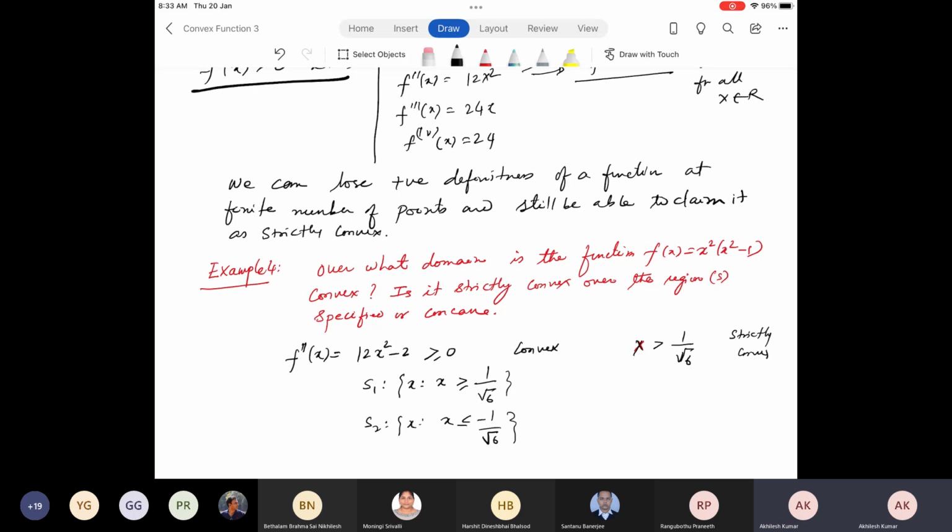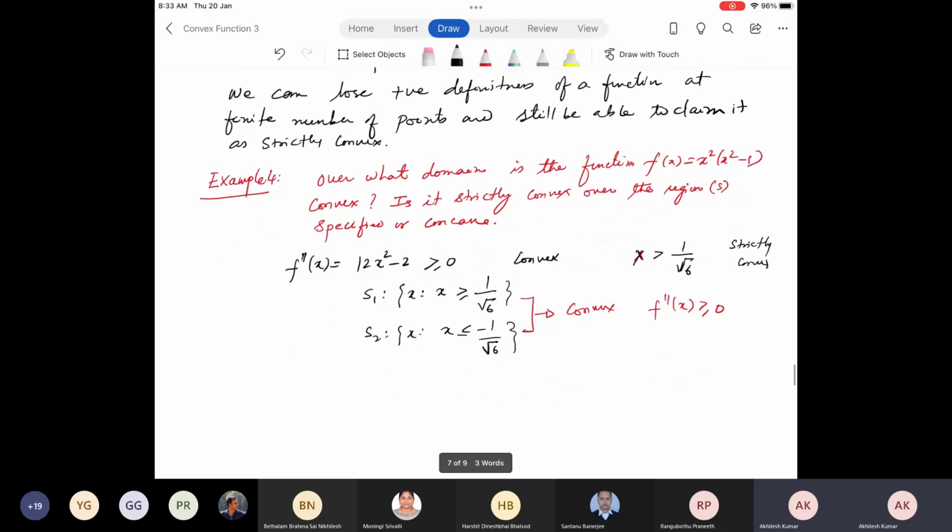Sir, convex. Over this region, it is only convex, because your f''(x) will be greater than or equal to 0, right? Yes, sir. Over what region will it be strictly convex?